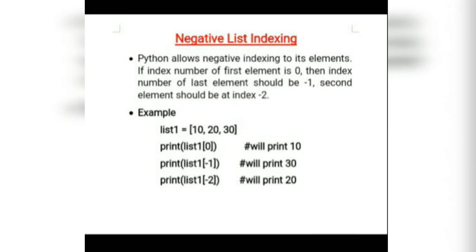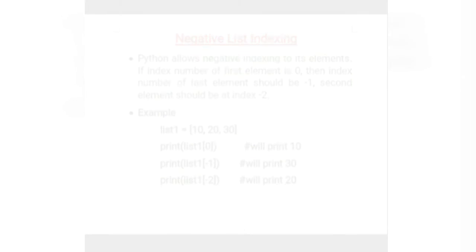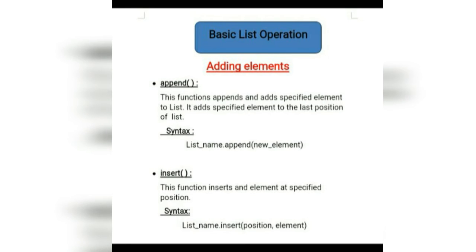At position 0 here is 10, and 30 is the last element. If we give a negative index, then -1 will be the index of 30, which is the last element. Now from the last, the second one's index will be -2, and this is what negative list indexing in Python is.